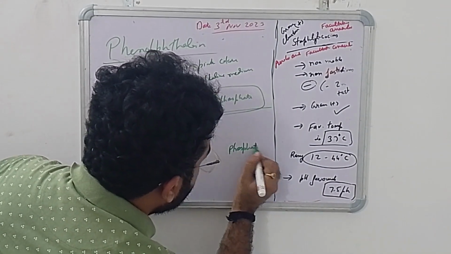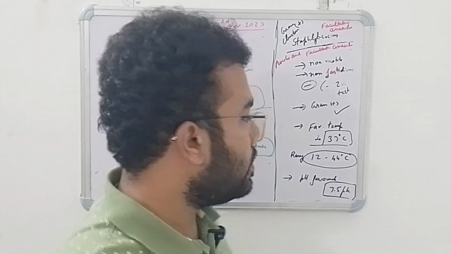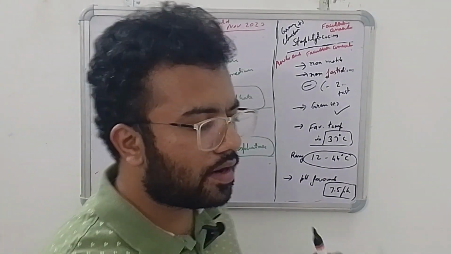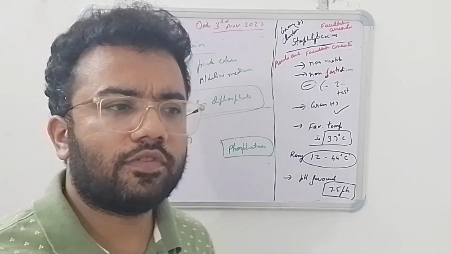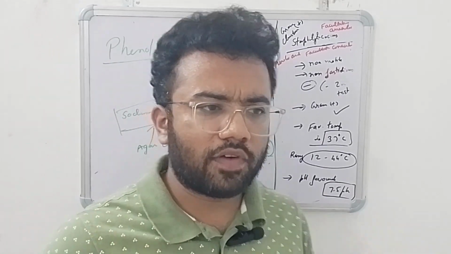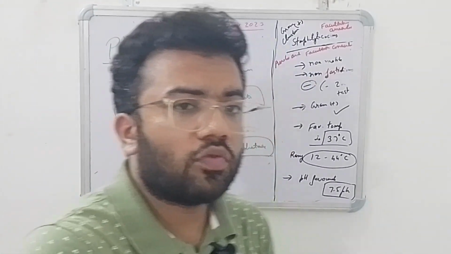Now, the use of this is that there is an enzyme called phosphatase. It is present in staphylococcus, and this enzyme is very essential to differentiate between species of staphylococcus, between Staphylococcus epidermidis or Staphylococcus saprophyticus, and Staphylococcus aureus.